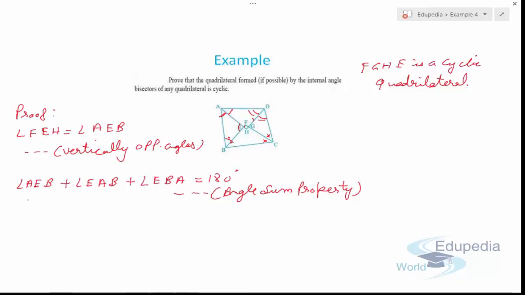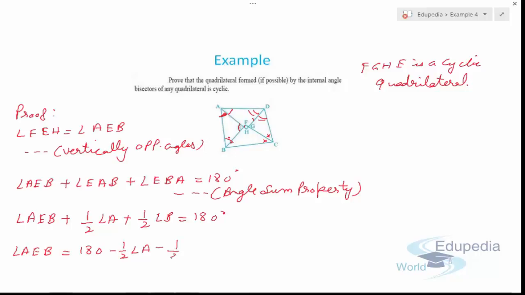Now angle EAB can be written as half of angle A because they are internal bisectors, and similarly angle EBA can be written as half of angle B. So angle AEB equals 180 minus half of angle A minus half of angle B. Let it be first.